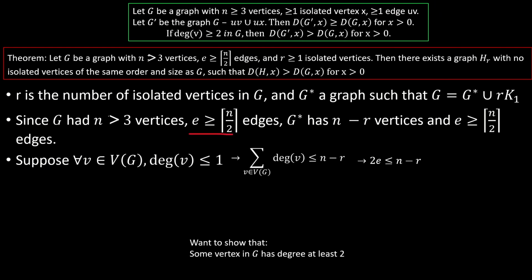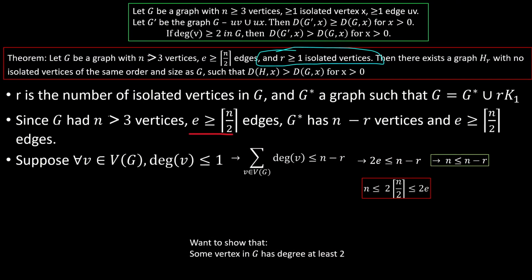Yet e is greater than or equal to the ceiling of n over 2, which implies that 2e is greater than or equal to n. That in turn would mean that n is less than or equal to n minus r. Yet r is positive because we define there to be at least one isolated vertex in our graph.